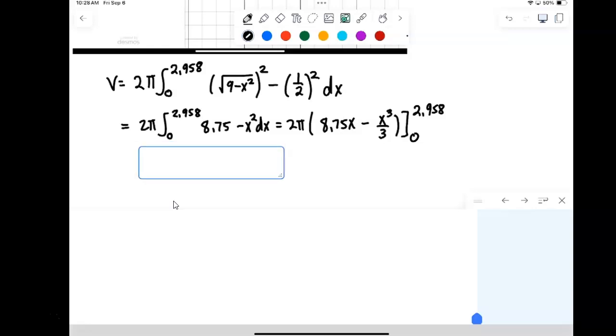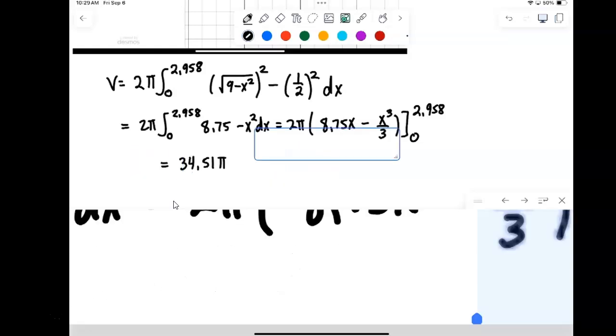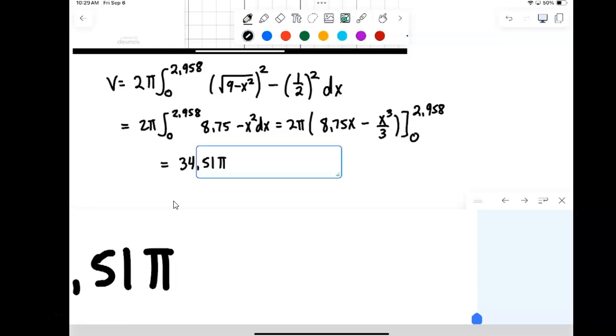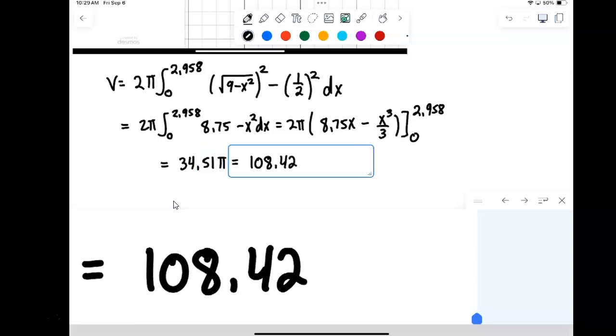Now, when I do that computation, I'm going to have 34.51 pi, working out this part, and then simplifying with the pi, I get a volume of 108.42. And this was a 3-inch ball, so that would be cubic inches.